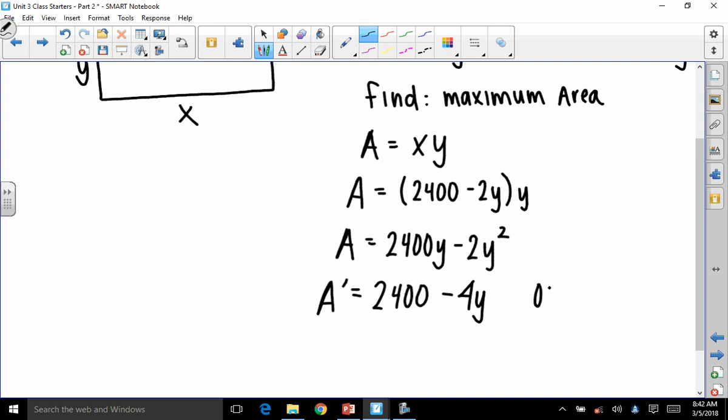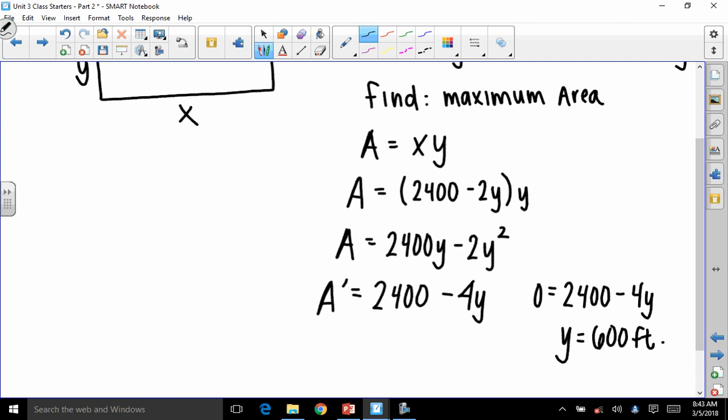So our critical number is going to happen when 2,400 minus 4y equals 0, which is going to happen when y is 600. Is it feet? Right?